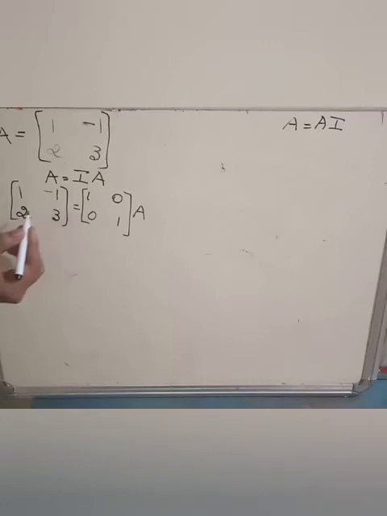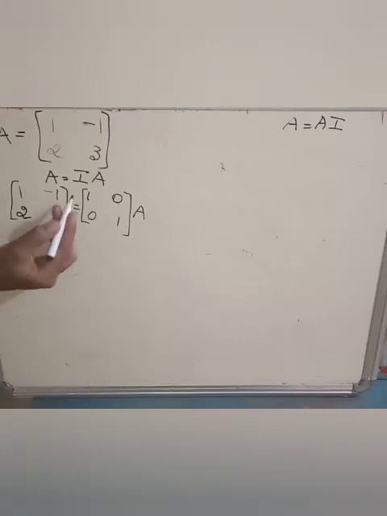Don't touch this one first; if you touch this one earlier, then the remaining entries get altered. So we'll consider this entry: instead of 2, there should be 0.